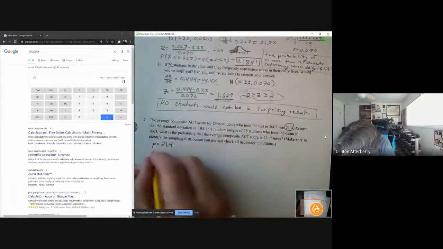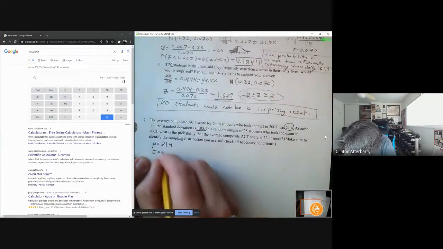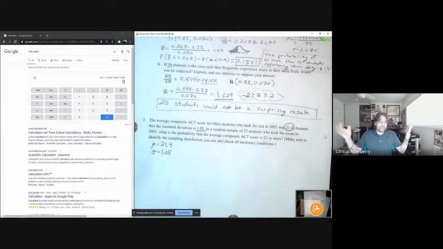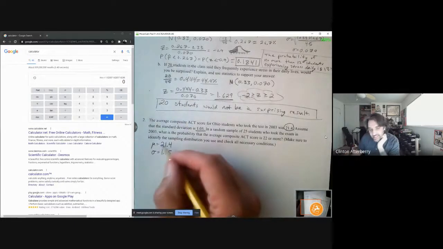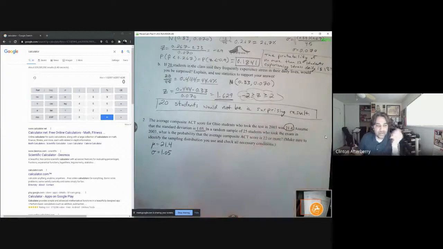So we're going to assume that the actual standard deviation is 1.05, meaning if you picked a random student in Ohio and asked them, hey, what was your score on the ACT back in 2003? You would expect it to be around 19 to 23, 24, somewhere around the 21, plus or minus a little bit.